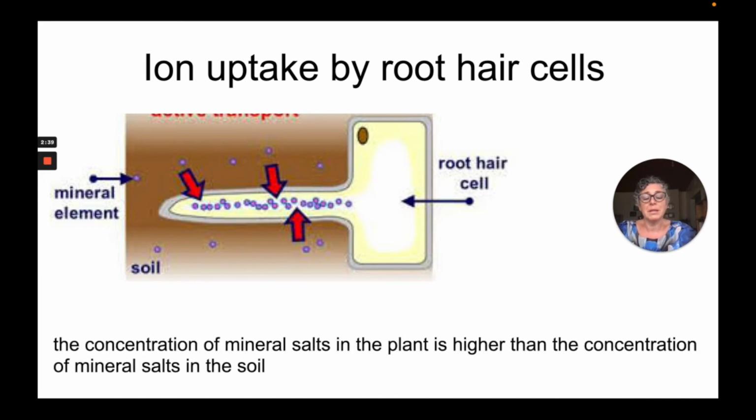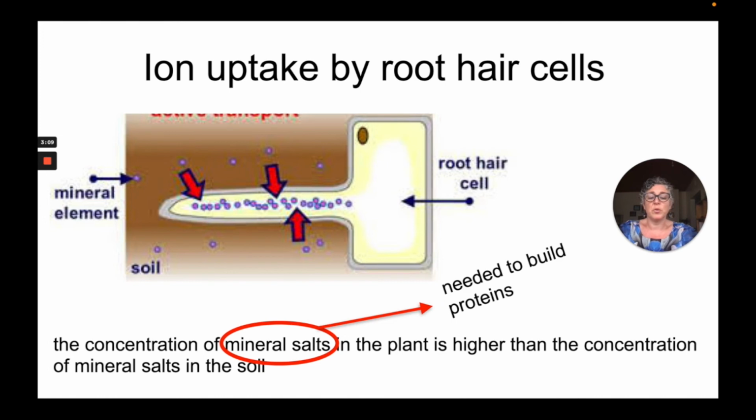So typically, because of concentration gradient, there always will be a higher concentration of mineral salts in the plant than in the soil. And so what happens is those molecules will be continuously moved into the plant by active transport in order for the plant to continue to have those ions, which play very important roles in the life of the plant.